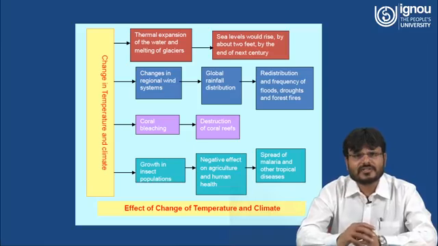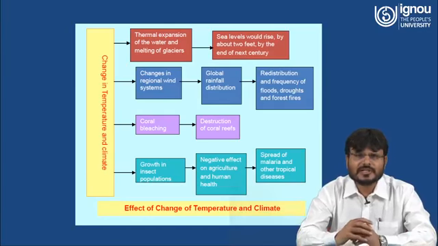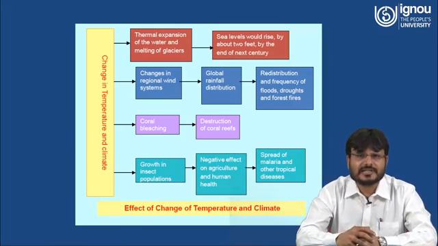Here you can see what are the effects of change in the temperature and the climate. Due to the change in the temperature and the climate, there is thermal expansion of the water and melting of the glaciers, and due to this sea levels would rise by about 2 feet by the next century. And due to this temperature rise, the next phenomenon is change in the regional wind system.